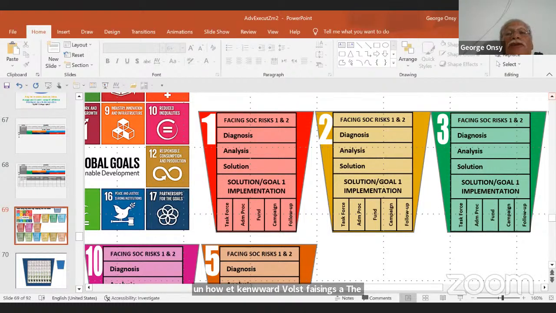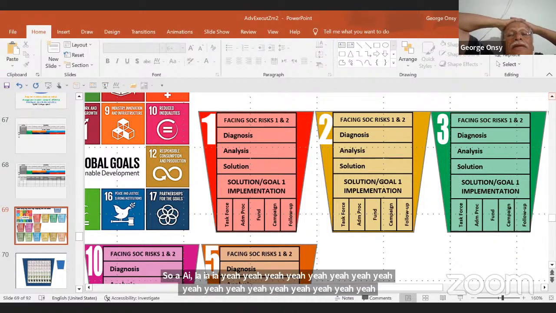So I write which risk. For example, I put here facing the social risk, one or two. One is the cost of living, which is very high. And this is related to poverty and zero hunger and all that stuff. So I fix on the top which risk we are dealing with.